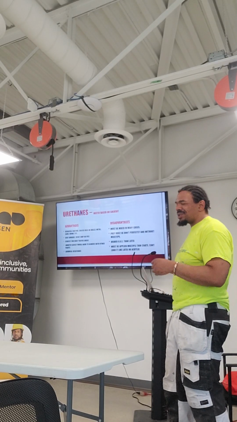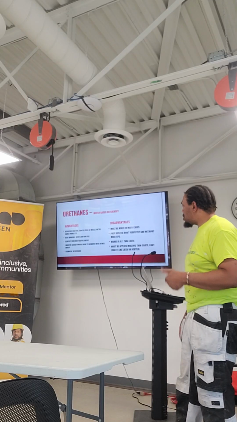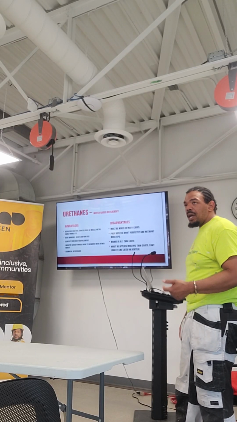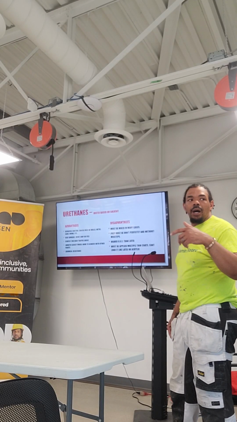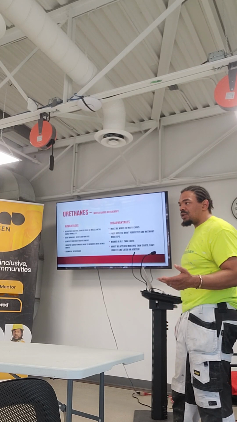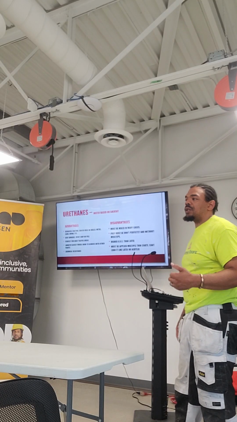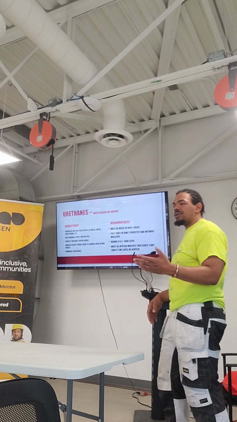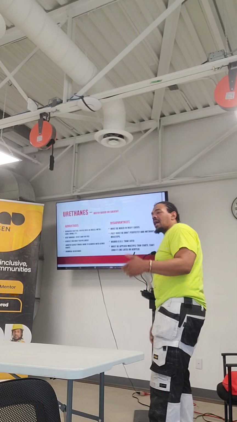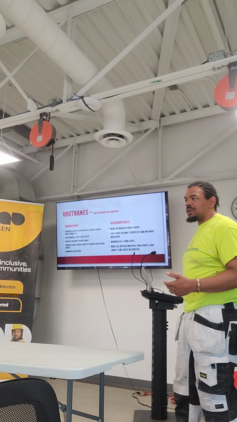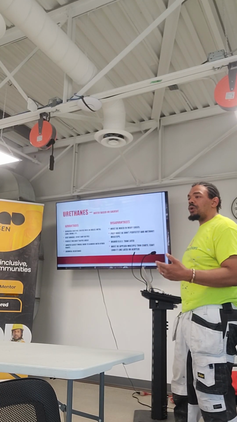But the advantages are it's extremely chemical resistant. You can use it on just about everything. Most pipes, most industrial settings, urethanes are used. Most medical settings use urethanes. In schools and gyms and auditoriums, they use urethanes on the walls. In a lot of municipal and commercial buildings, they use urethane top coats on the walls and on cinder blocks.